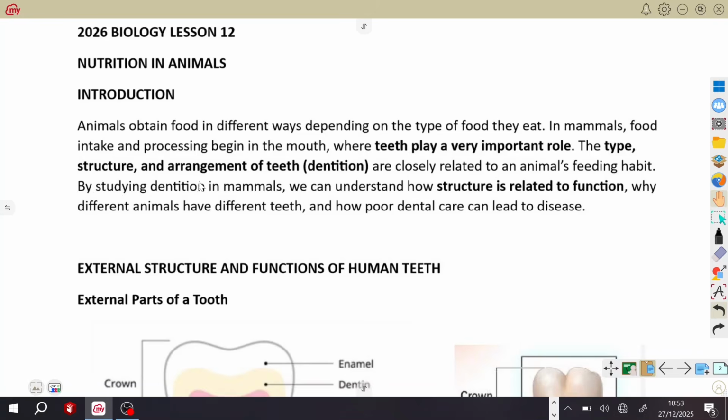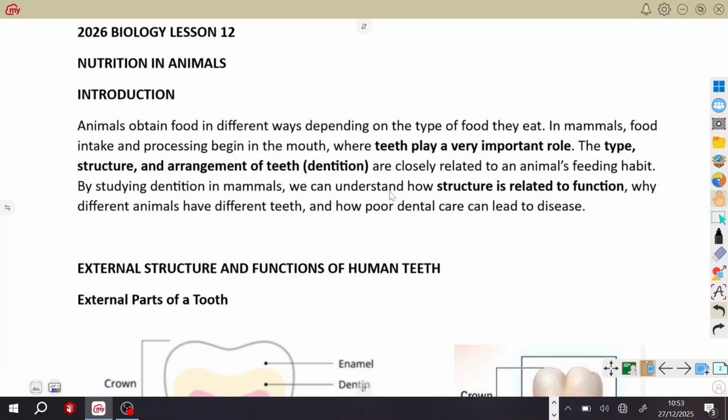So by studying dentition in mammals, we can understand how structure is related to function. As we study dentition, we are going to understand why certain animals have the structure of their teeth the way they are, like the dogs, the cat, the cow, the human beings. They have a different structure in their teeth.